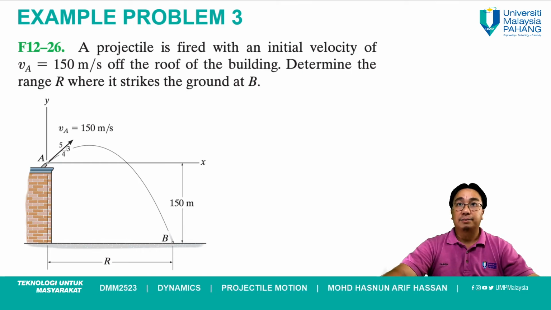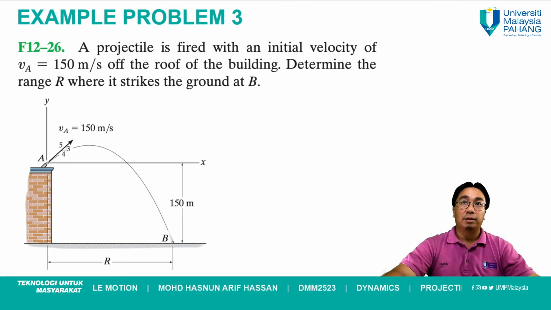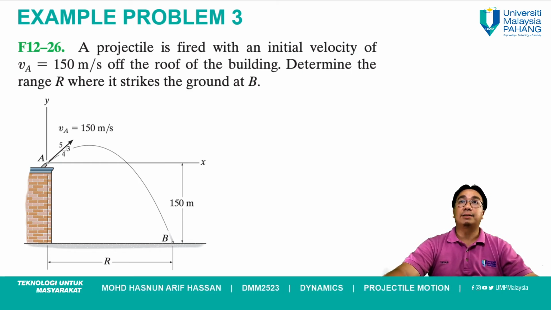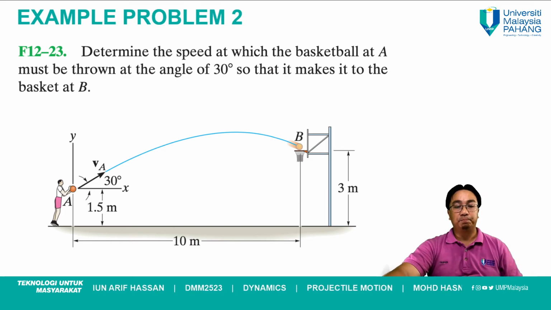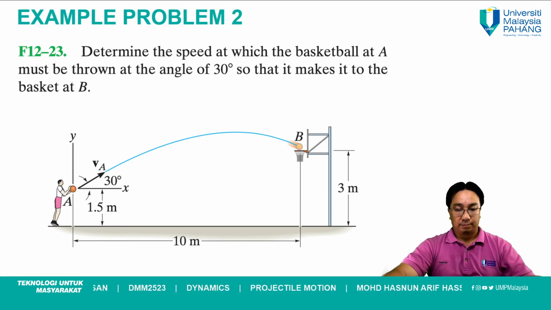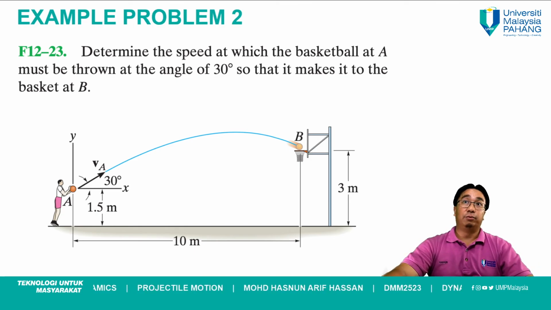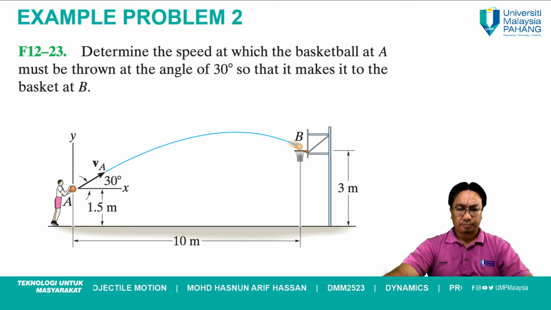Determine range R, where it strikes the ground at B. So I want you to solve these two example problems at home. And during class on Wednesday, I will give you the answer to these two questions.